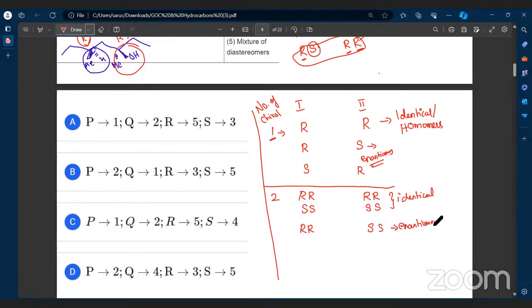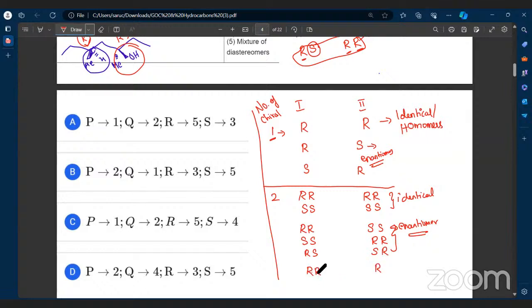Or if it is SS and RR, where S should be converted to R, you can see that the configuration is completely inverted. Therefore, these cases are enantiomers. Now if I have RR, and here if I have R and S, one is the same and the other one is different.